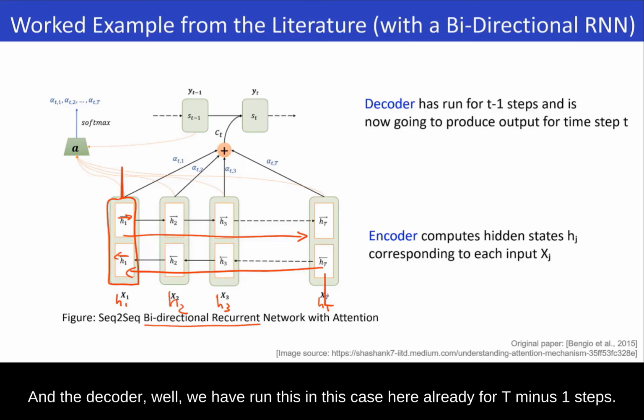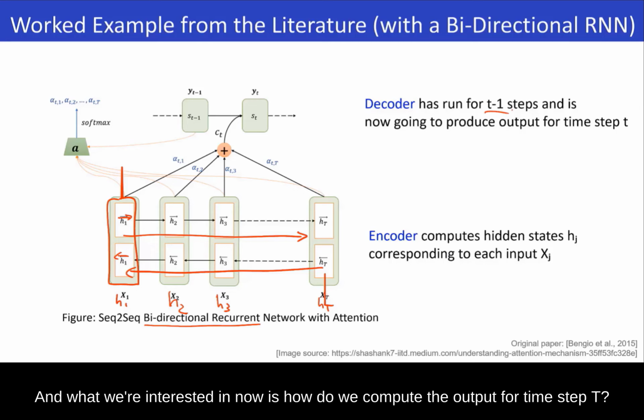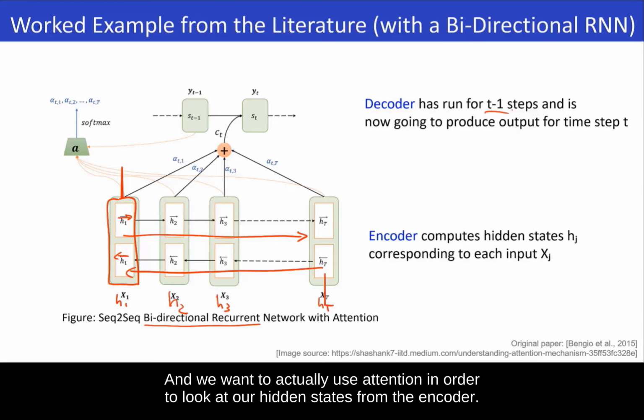And the decoder, well, we have run this in this case here already for t-1 steps. And what we're interested in now is how do we compute the output for time step t? And we want to actually use attention in order to look at our hidden states from the encoder.